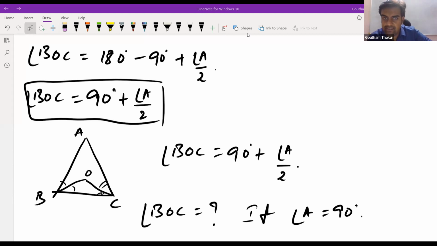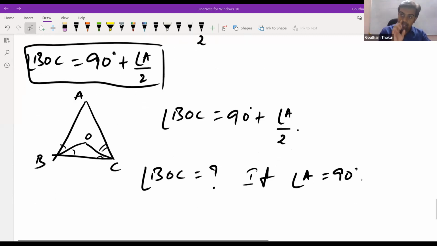Check it once again. 135. Yes. 135 will be the answer. Very good. So when I talk about the regular one and the non-routine one, you can directly use this formula, beta. You can directly use this formula.